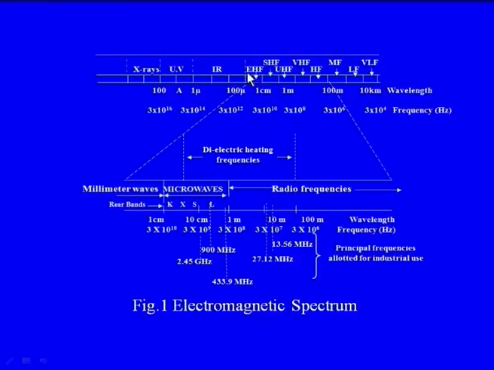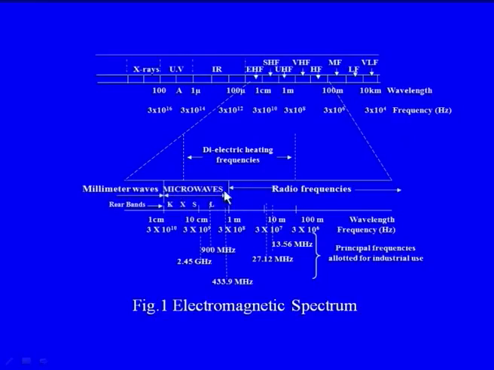Then this is the range we use for communication, etc., ultra high frequency and high frequency, etc. And then there are some more high frequency electromagnetic radiations. Inside this, in the range I have already pointed out, 0.3 to 300 gigahertz, is the range for microwaves.